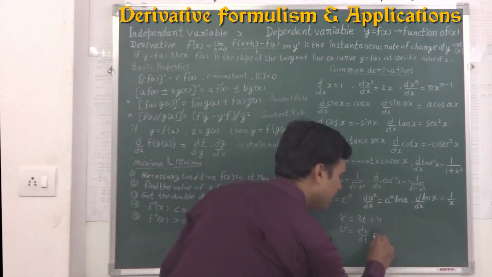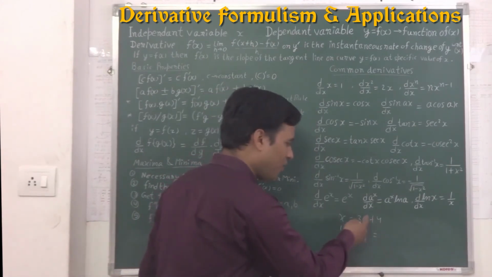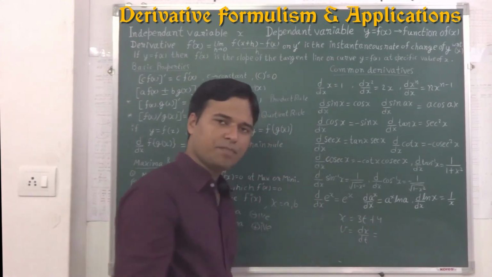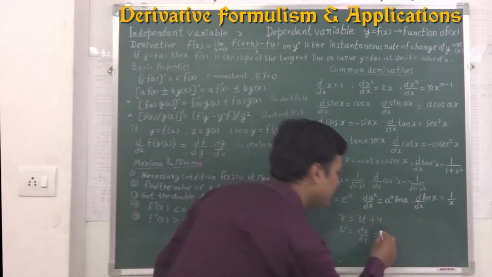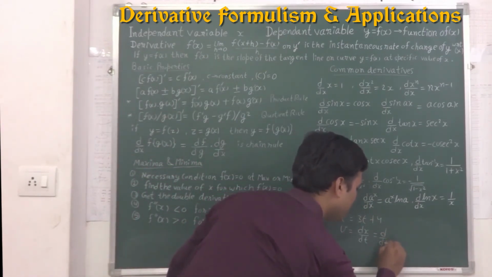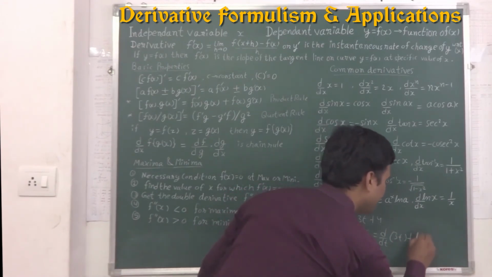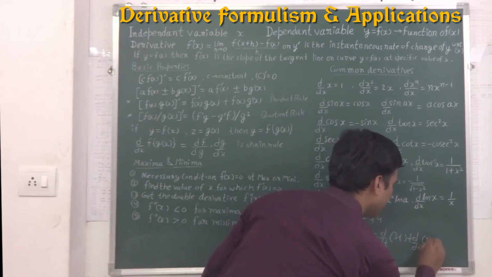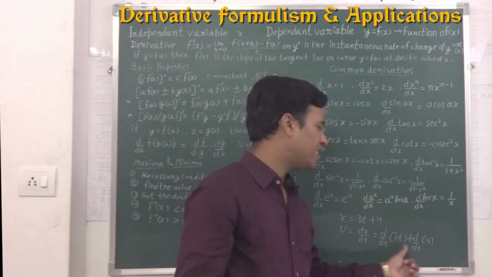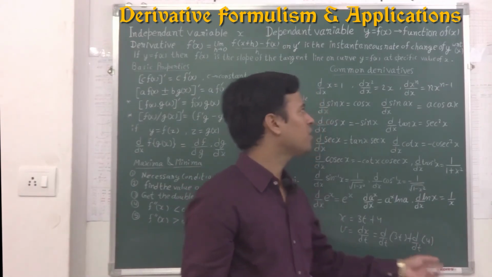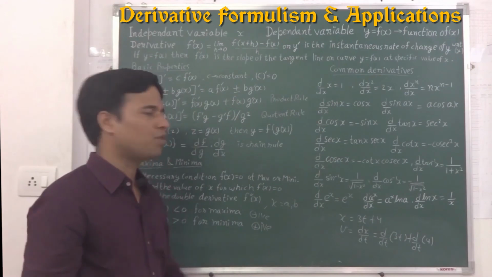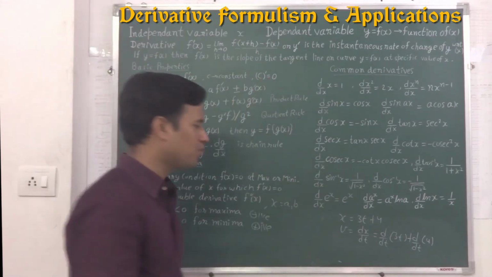Then we will find out the derivatives of these two functions with respect to time, and then we will add them. d upon dt, differentiation of the first function plus differentiation of the second function. The derivative of 4 is equal to 0 because the derivative of a constant quantity is always equal to 0.